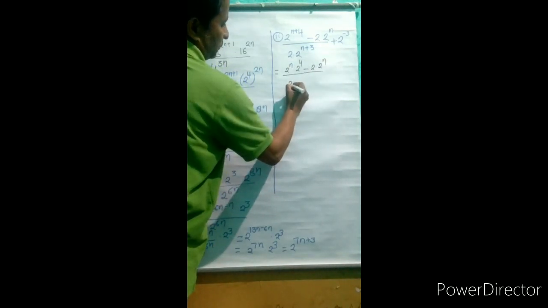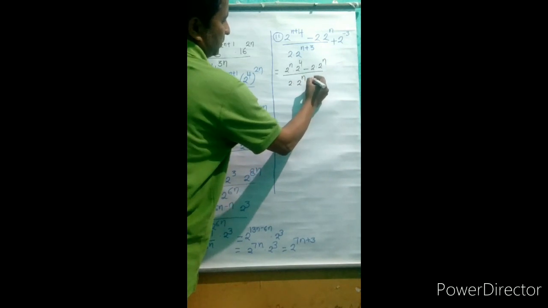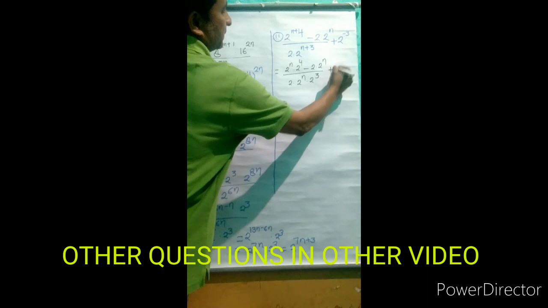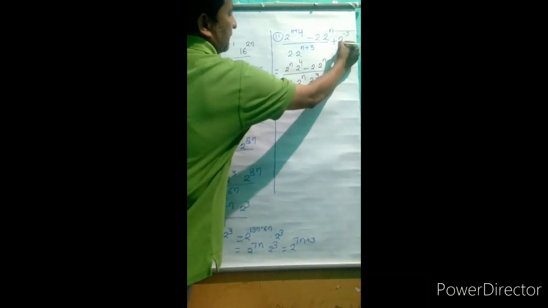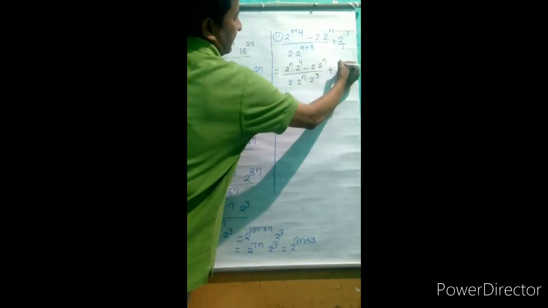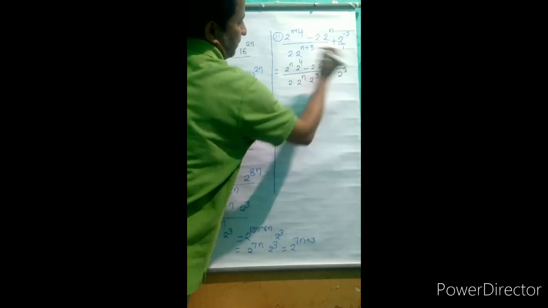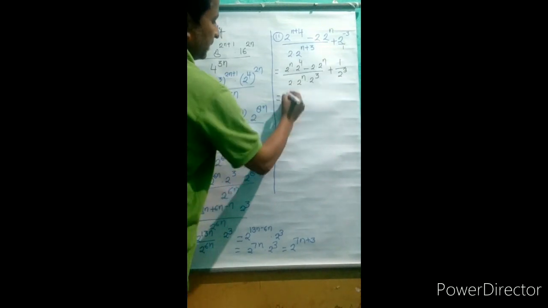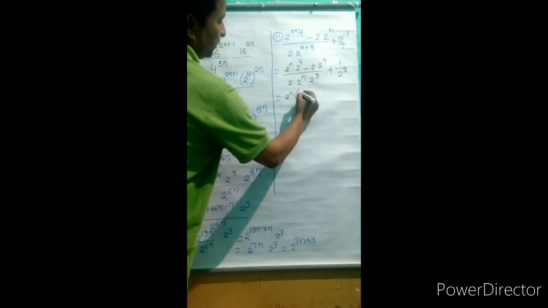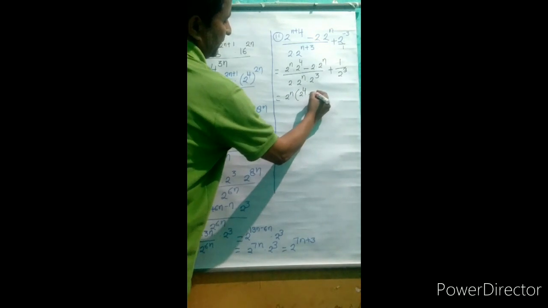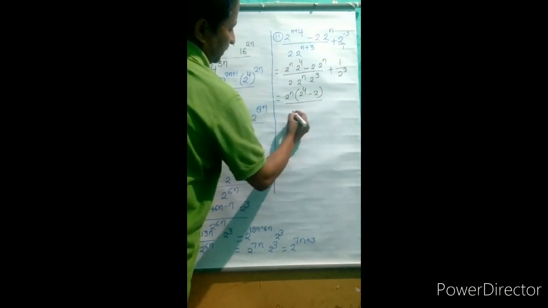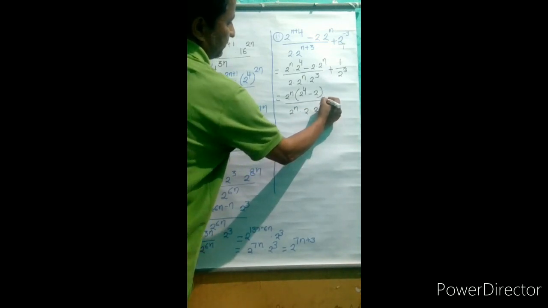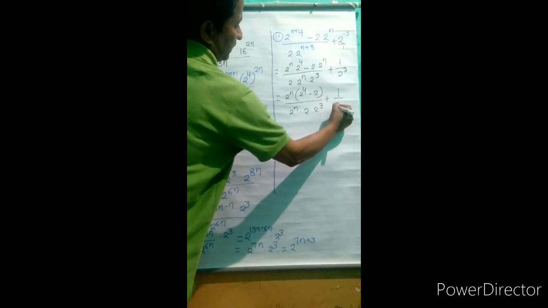Here 2 into 2 raised to power n into 2 raised to power 3 plus, this is minus, downside is 1, you can invert it, it will become 2 raised to power plus 3. Upside you can take 2 raised to power n common, inside 2 raised to power 4 minus 2, downside 2 raised to power n into 2 into 2 raised to power 3 plus 1 over 2 raised to power 3.